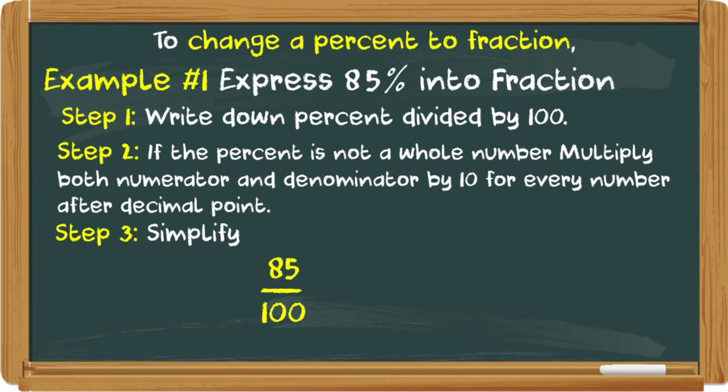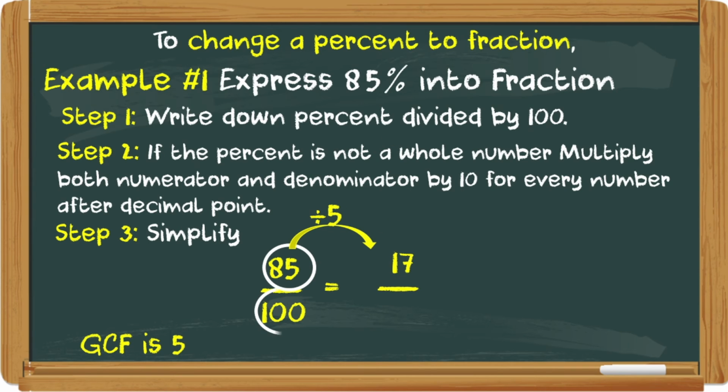So we simply divide the numerator and denominator by their GCF, greatest common factor, and that is 5. So we'll have now 85 divided by 5, that is 17, and 100 divided by 5, that is 20, giving us the final answer, which is 17 over 20.